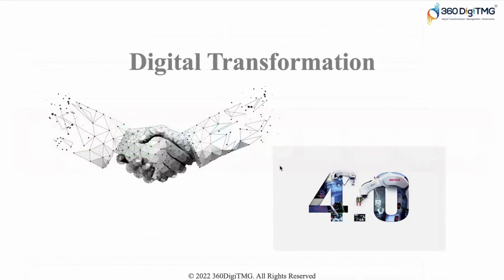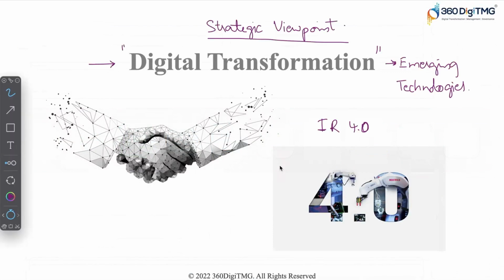So, back to our discussion. As we have discussed at a high level, you need a business view and you need a technical view to implement digital transformation. Digital transformation is not just about understanding the various technologies and then implementing that.